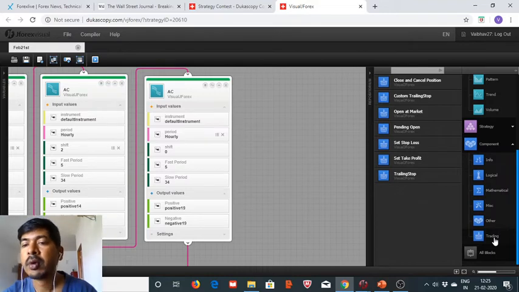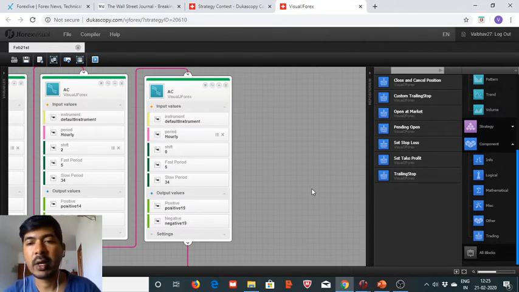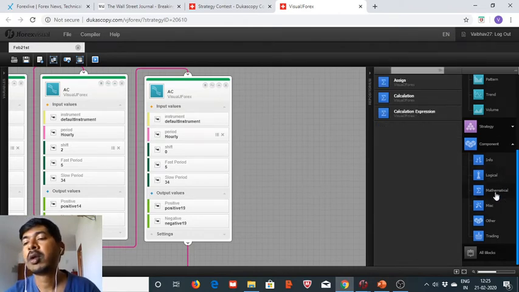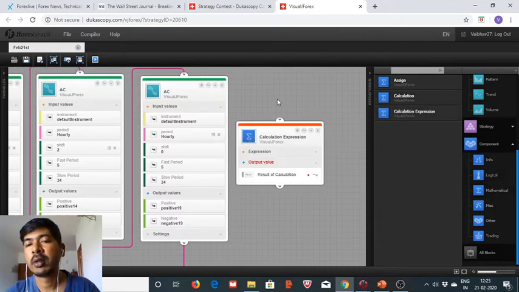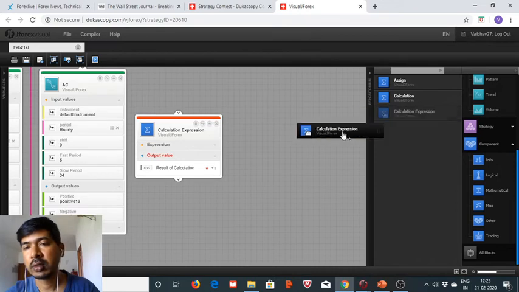Now what we need is another pending open for sell side. I think sell side we will do it on the Monday. For the day we are only going to make the buy side, and we now need the calculation block to do the calculation. So here it is. We will need two calculations.